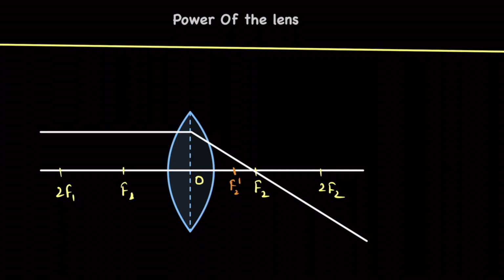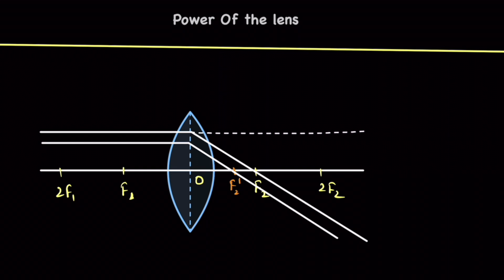If we take the same incident ray, then what will happen? It will pass through f2 dash, the new focus. So what you would notice is, if there is no lens, this incident ray would go this way.